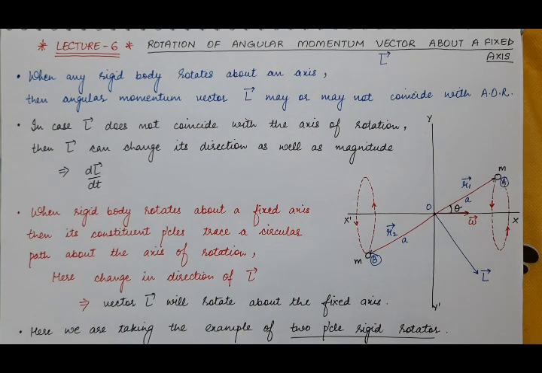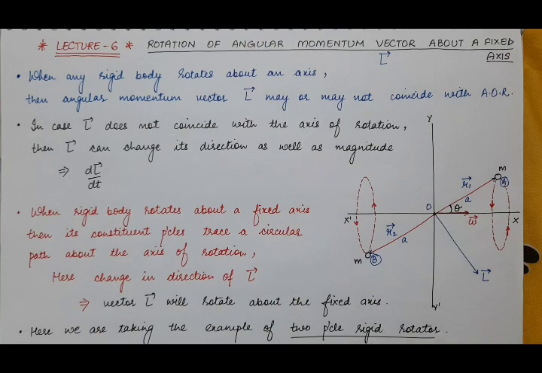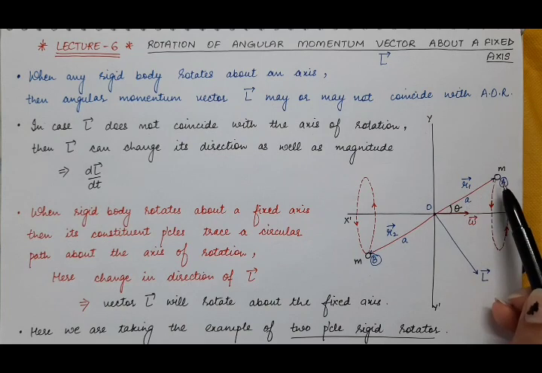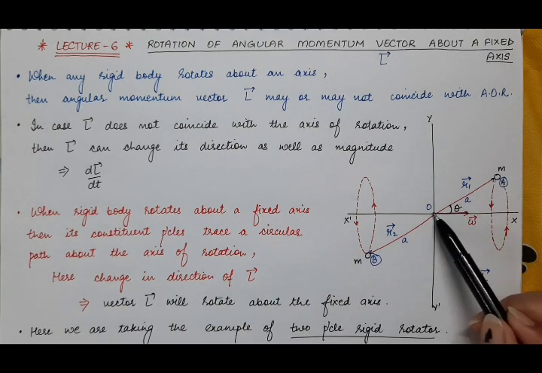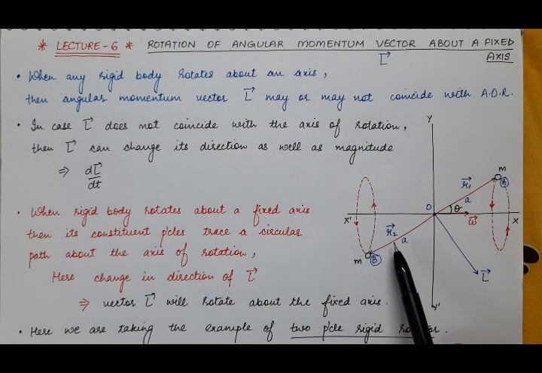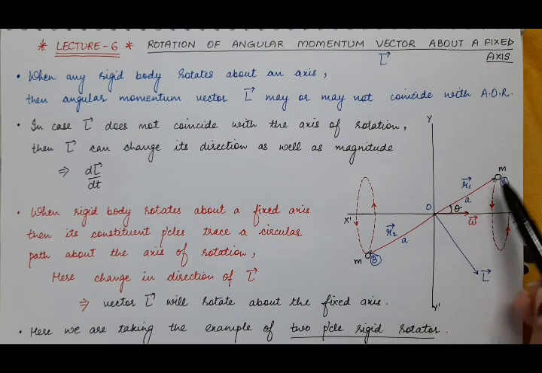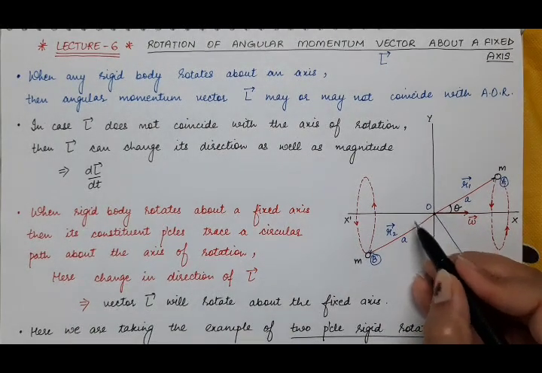At any instant during its rotation about this axis of rotation, this mass is at point A, and this mass is at point B. At that time, suppose r1 vector is the position vector of this mass, such that OA vector is equal to r1 vector, and r2 vector, suppose, is the position vector of this second mass. And suppose this two particle rigid rotator rotates by making angle theta with the axis of rotation. This angle will also be theta.